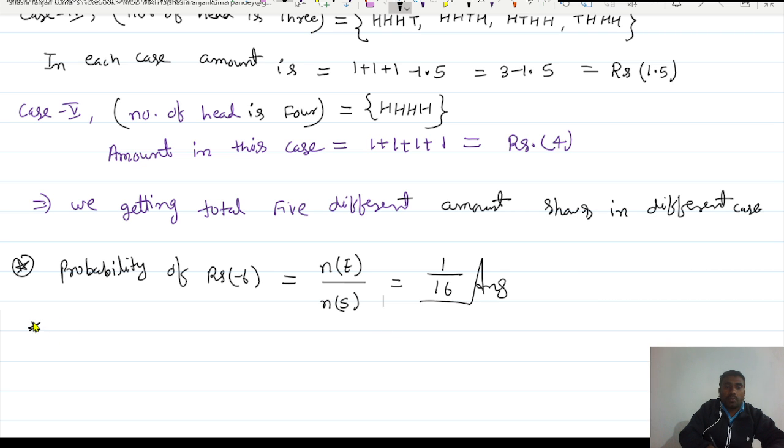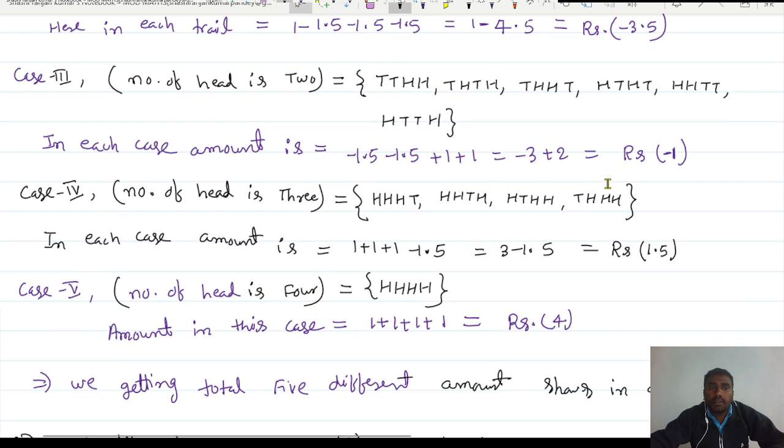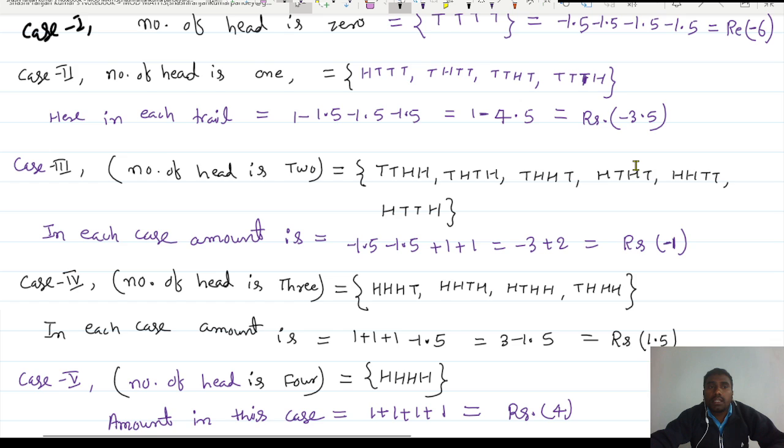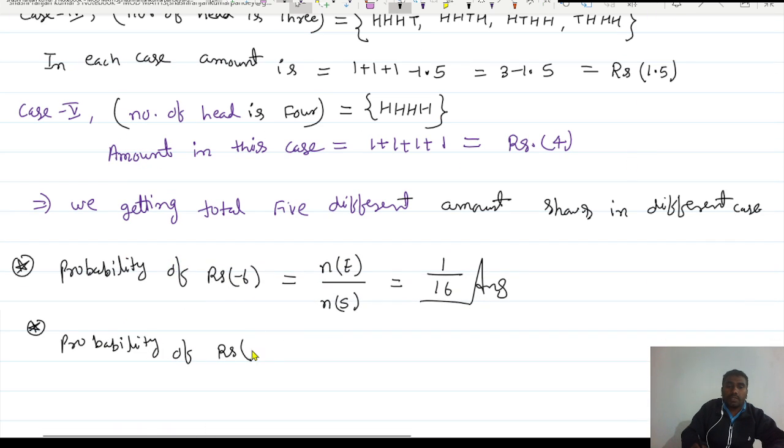Second, the probability of getting the second amount, in the second case you can see minus 3.5.